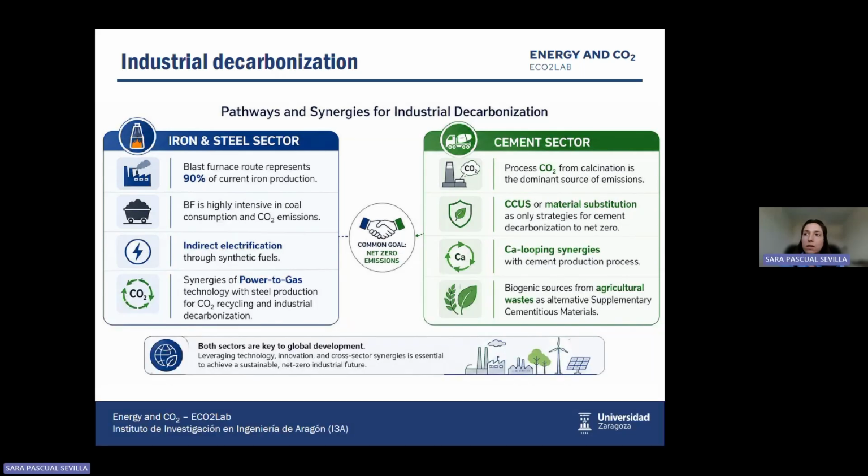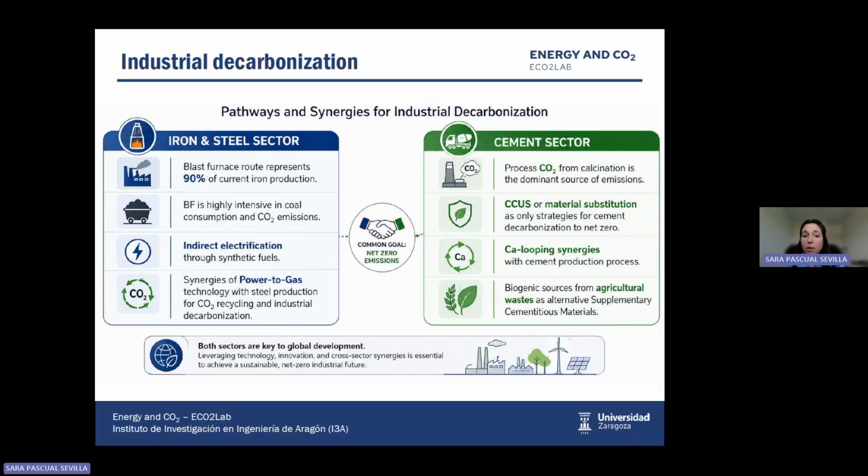The goal is to reduce the dependence on fossil fuels and, as much as possible, close the carbon cycle. On the other hand, we have the cement sector that presents different challenges. In this case, a large share of emissions does not come from fuel, but from the chemical process of the calcination itself. Therefore, technologies such as carbon capture are practically essential.